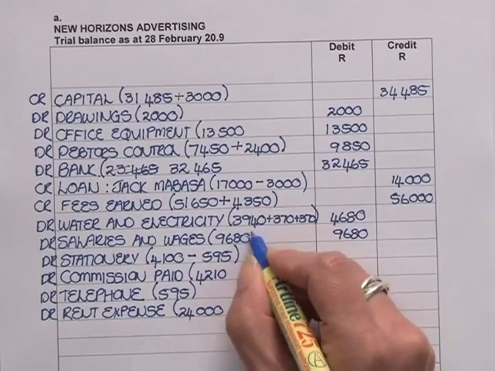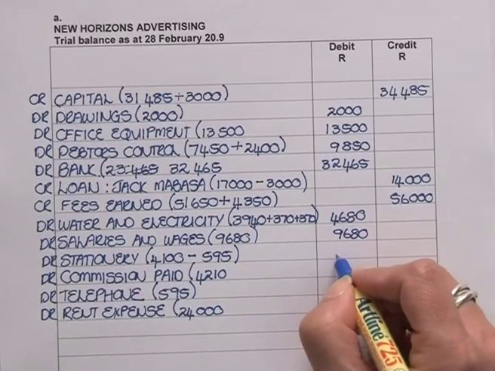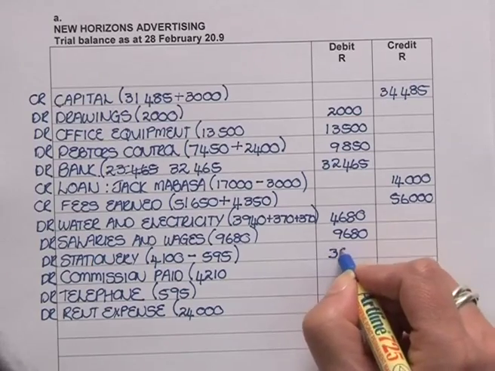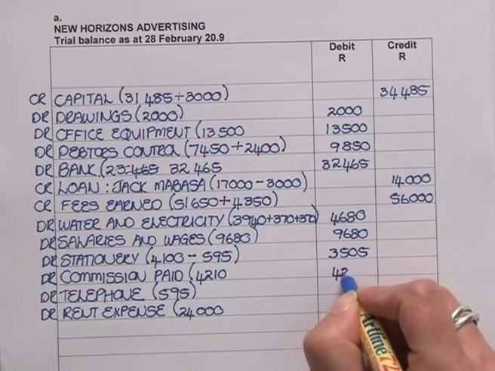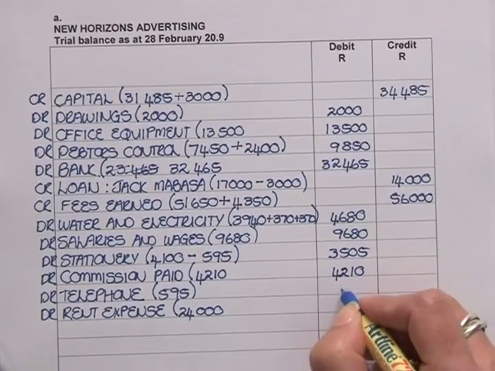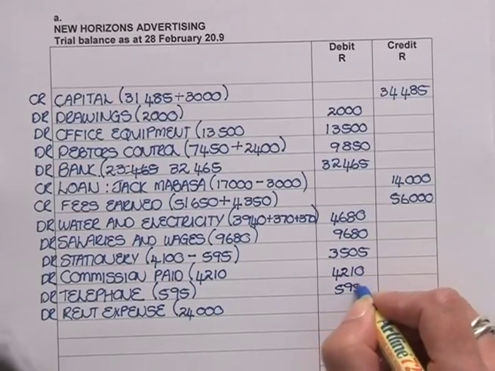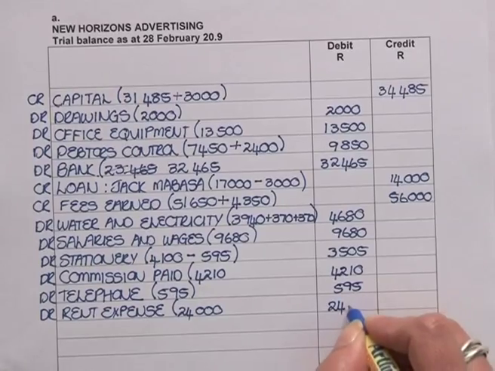Stationery adjustment. Commission paid. The telephone account. And lastly, the rent expense.